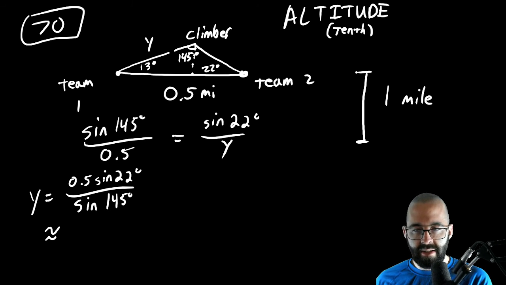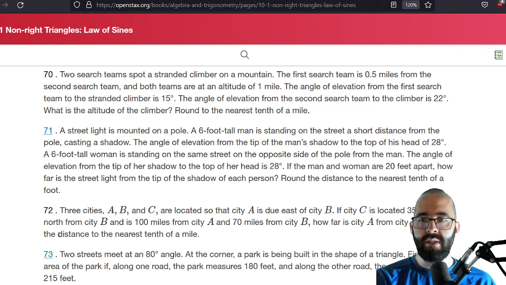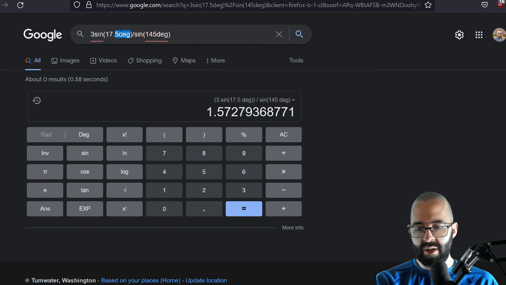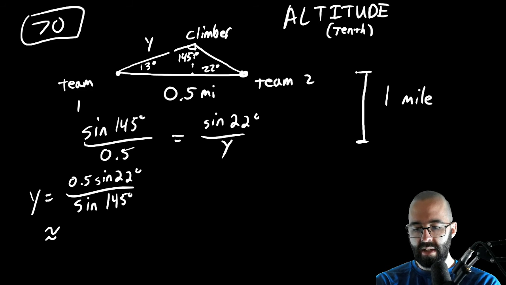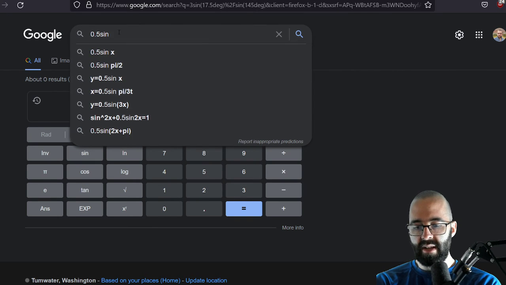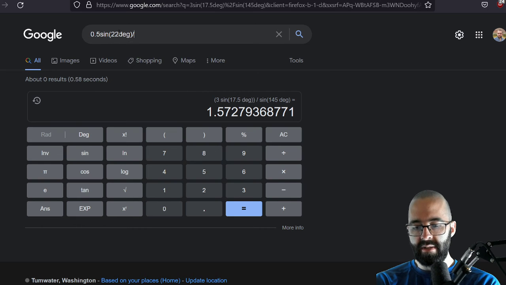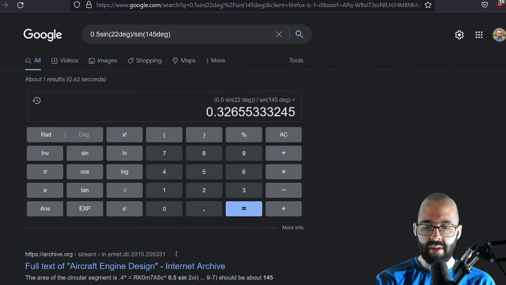We're going to want extra decimal places here because we're using y later. Let's type this into a calculator and get some good digits. Half times the sine 22 degrees divided by the sine of 145 degrees. Make sure everything's in degrees. That's very important.